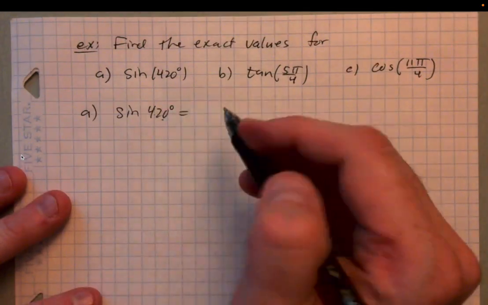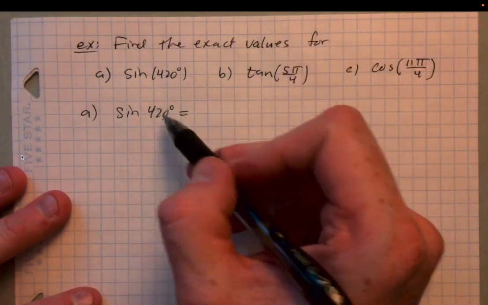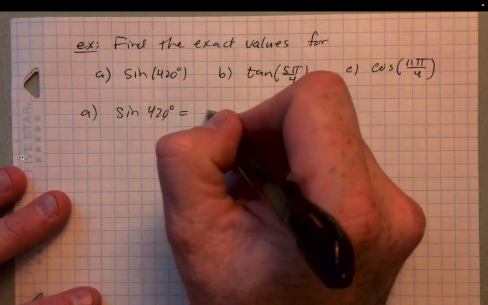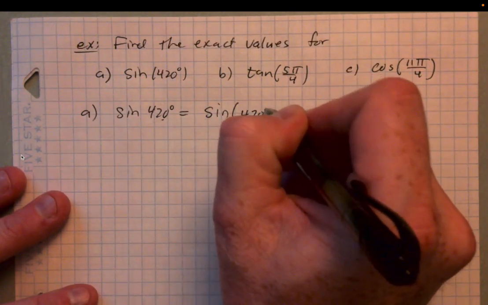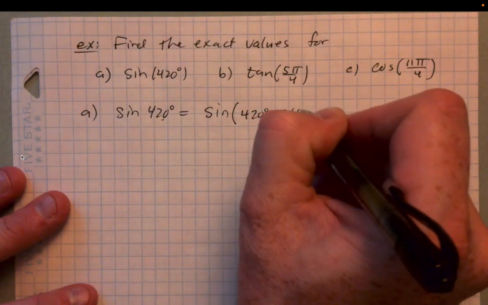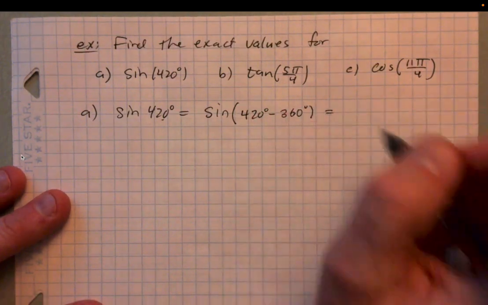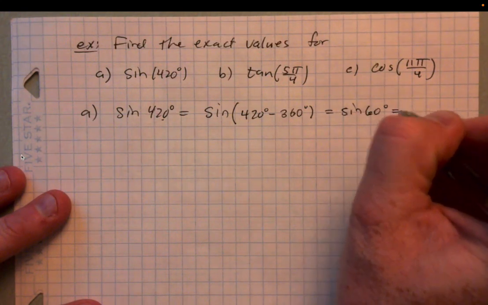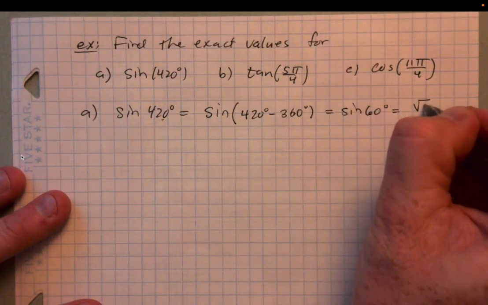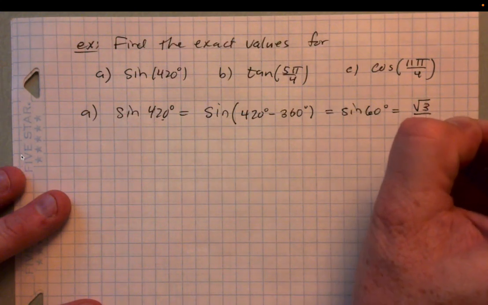If I subtract 360, it makes it quite a bit smaller angle, and it's an angle I'm familiar with. So this is equal to sine of 420 degrees minus 360 degrees, and that is just sine of 60 degrees. I can look that one up on the unit circle cheat sheet, and I can see that that's the square root of 3 over 2.